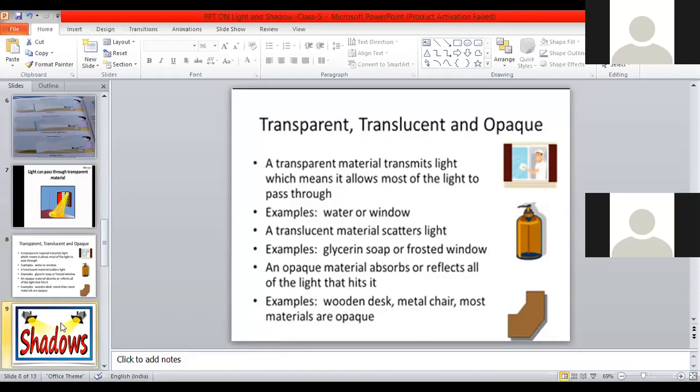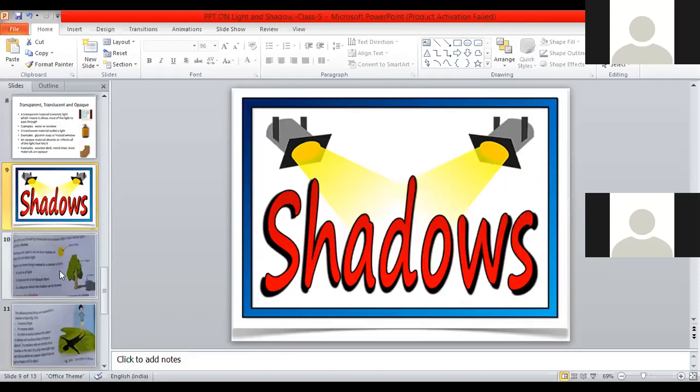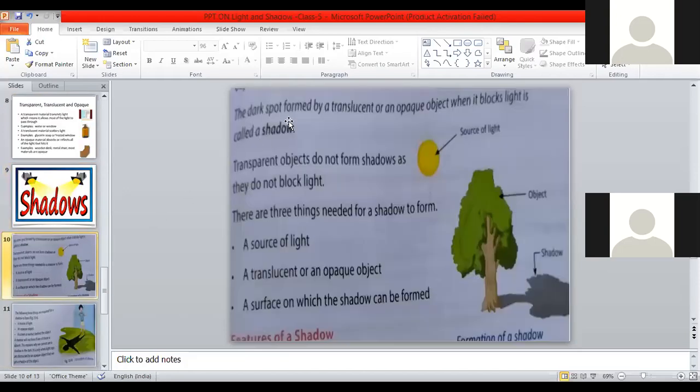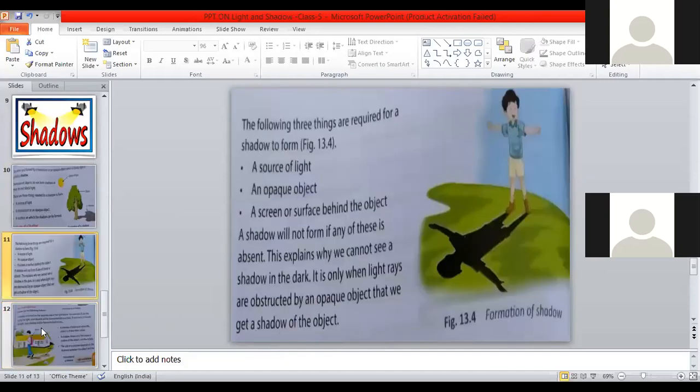What about shadows? A shadow is a dark spot formed by a translucent or an opaque object when it blocks the light. What are the things required to form a shadow? A source of light, a translucent or an opaque object, and a surface on which the shadow can be formed. These are the materials required to form a shadow.